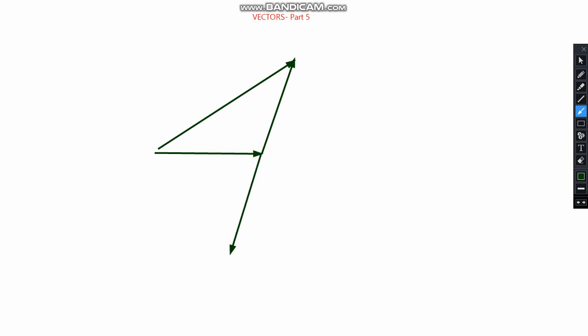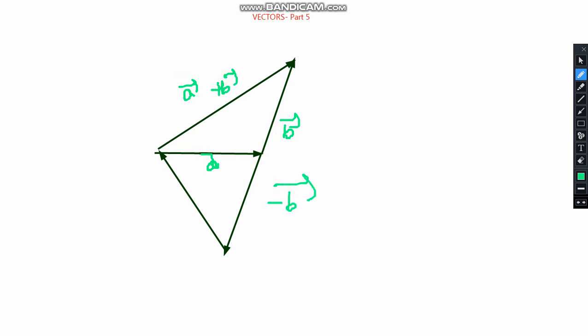But if we take the minus, it's like this. So this is the A vector, this is the B vector, and this would be the A minus B vector. This is minus B vector. I'm sorry, this should be this way, so this should be A minus B. I'm sorry.